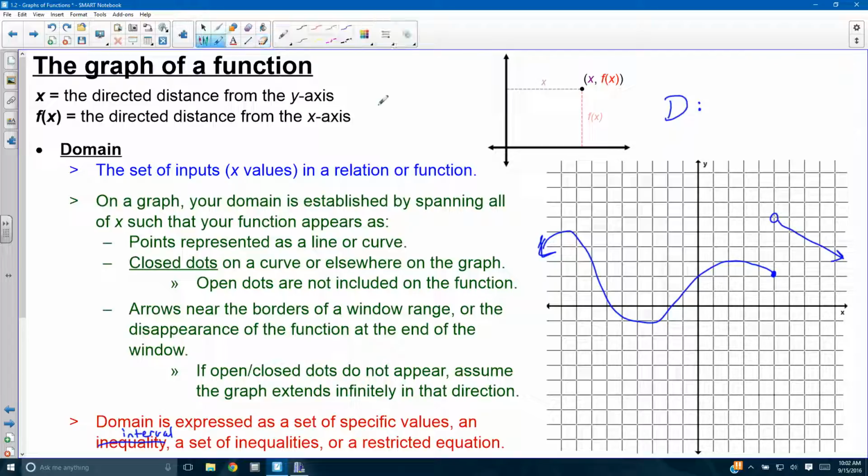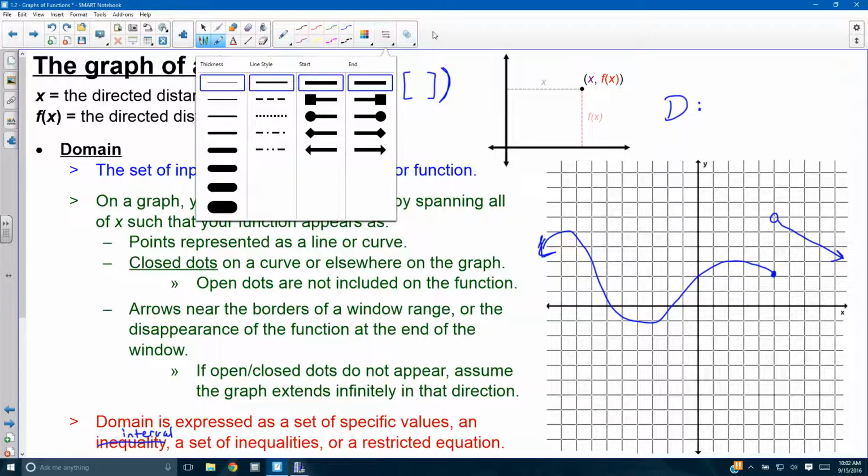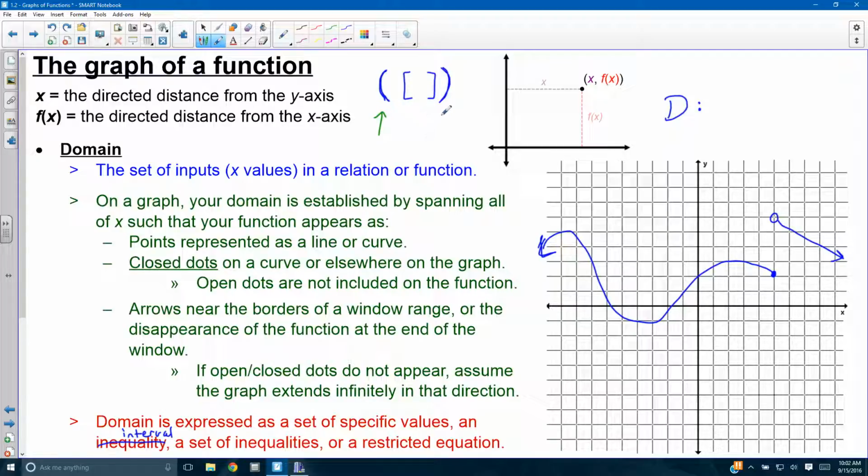there's this interval notation that looks like this. You'll use a set of either an open parenthesis, an open square bracket, or a closed parenthesis with a closed square bracket, like that. One set or the other. And this will indicate whether the boundary point is included as a part of your domain.